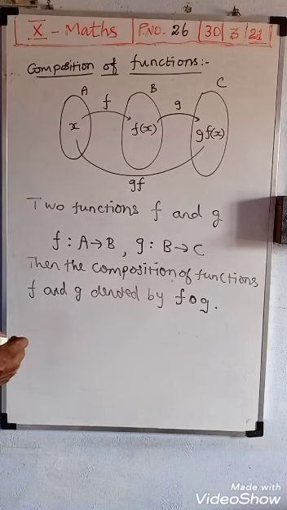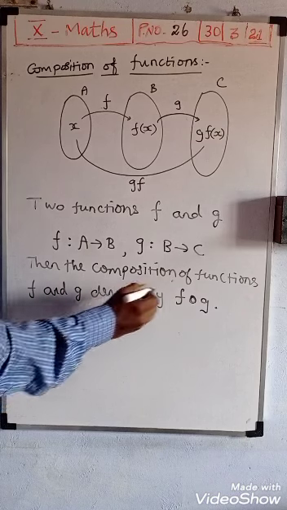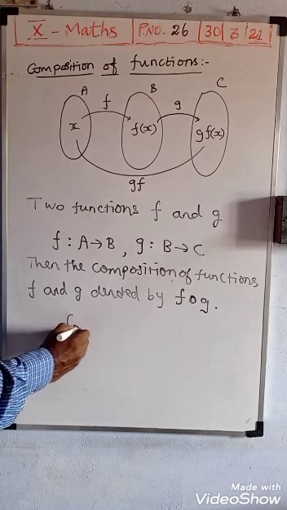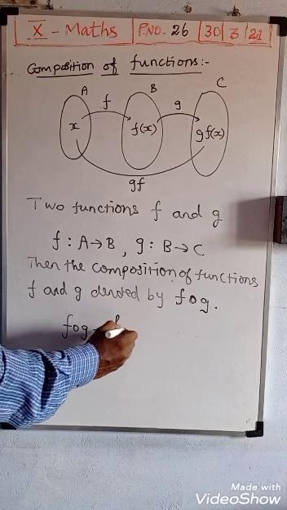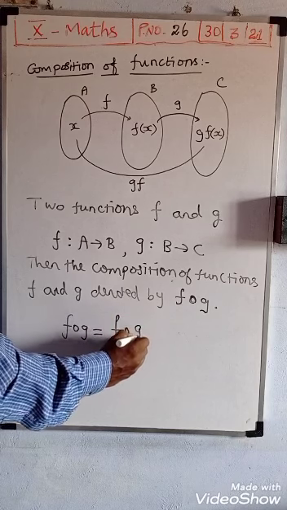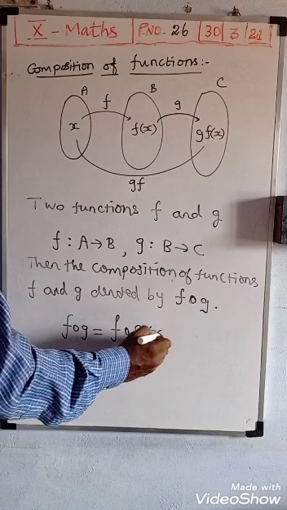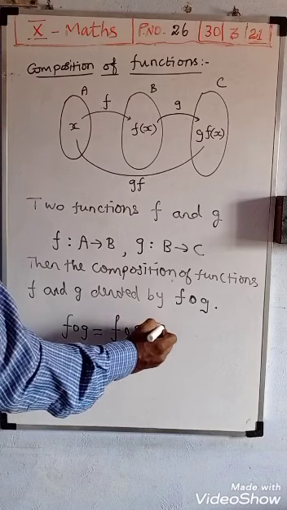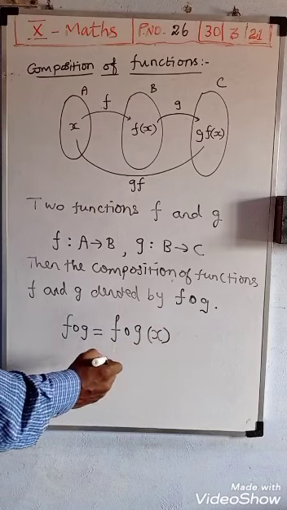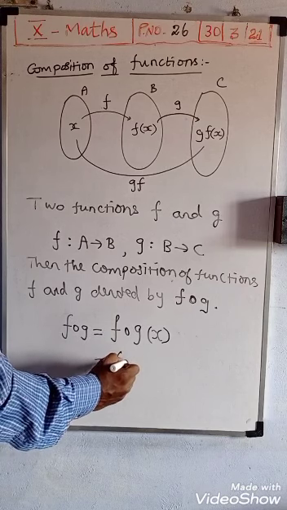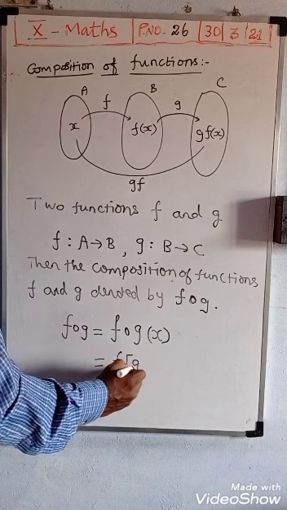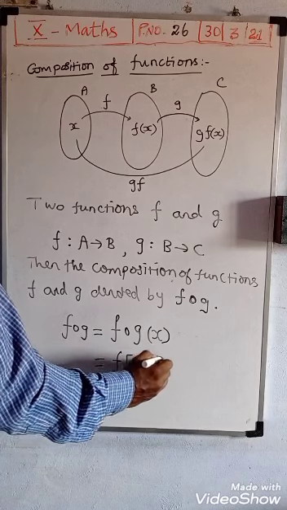f composition g of x is equal to f of g of x. Here the function g is applied to x first, so you get g of x.